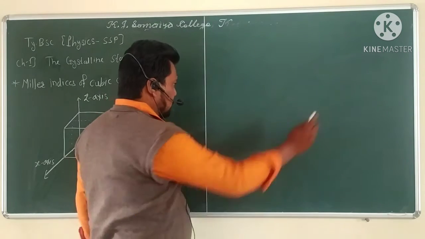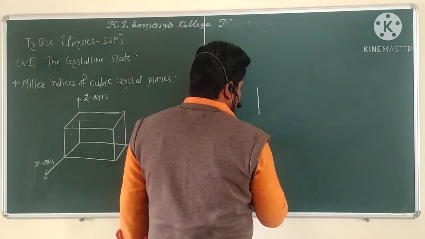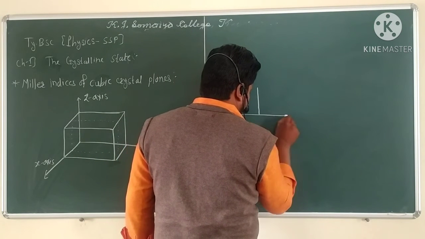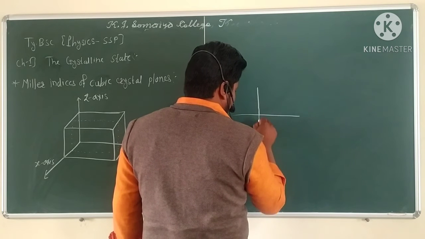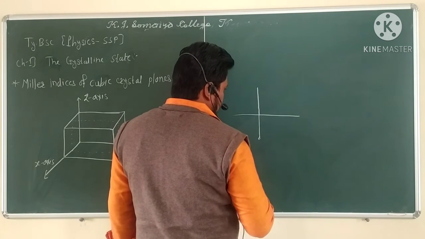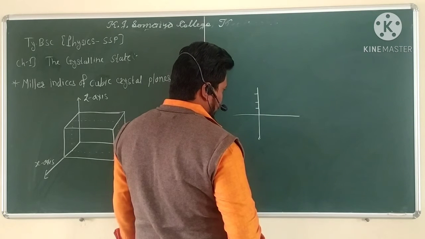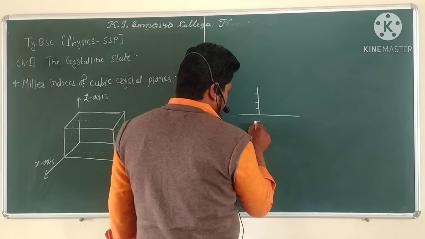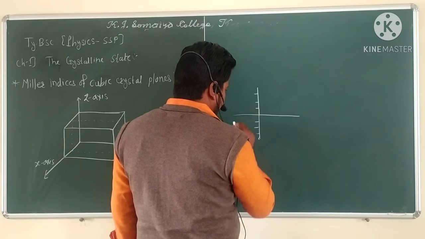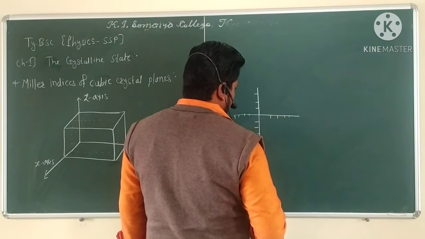For example, suppose this is the coordinate system for two axes, and your point on the y-axis is the positive point, and this is the negative axis and this is the positive axis.